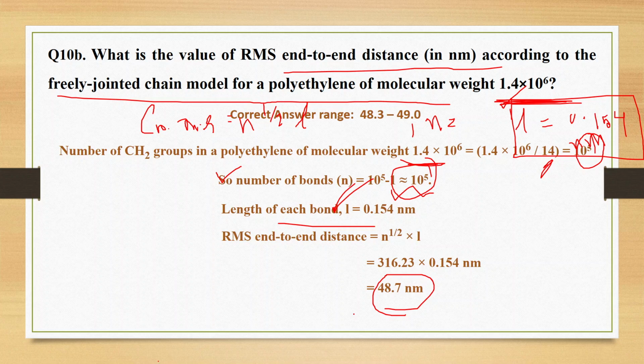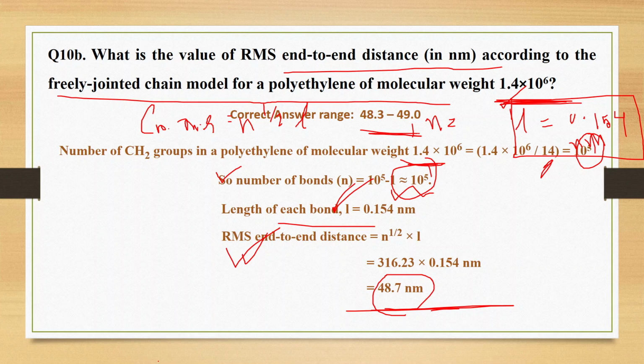Just by the name you cannot understand how many bonds are there. For that you need to know the structure, right? Fine, so this should be the answer. Just check where some of you got it wrong, like 182 or 154, but the value should be 48.7. So this was the range that was given.